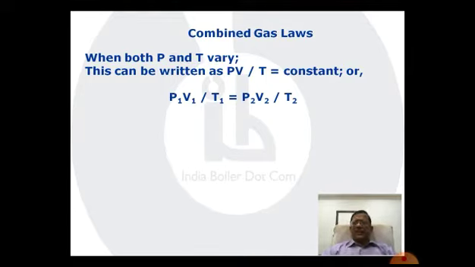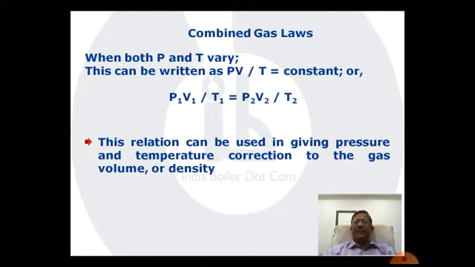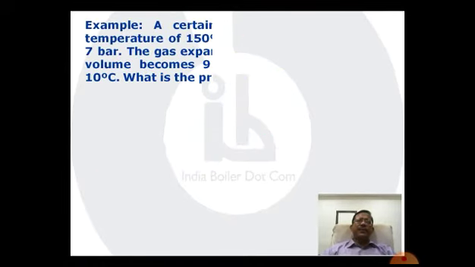Please understand, this relationship at two different pressures and temperatures, with two different volumes related in this way, can quite often be used to correct the volume for a particular change in pressure and temperature. That is, basically the temperature and pressure correction to a gas volume or the density can be given by this. We can take a look at an example for this.